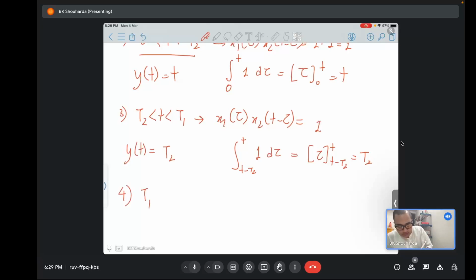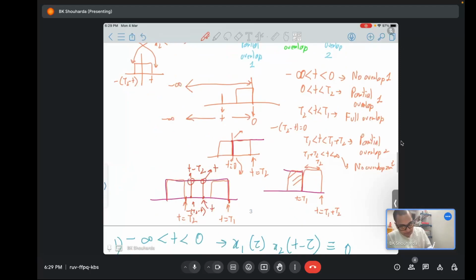Now when it again starts escaping, the product is still 1 because you multiply 1 into 1, and we are looking into the region of overlap. What is the region of overlap? It starts from t minus t2 and ends at t1. Any rectangle that I'm passing, so I'm shifting this, so this will be t minus t2 because it's variable, and this is a fixed region, it is t1.